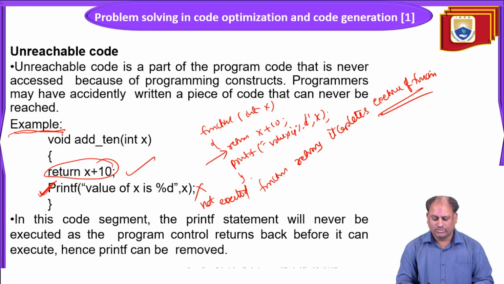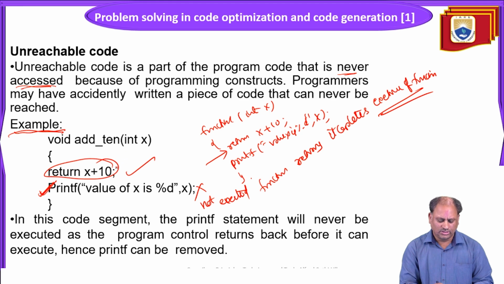That means the program code is never accessed. In some cases control may go to the main module or other subprograms. But for example in this case, several lines of code are written within the function, but the function completes before the task.